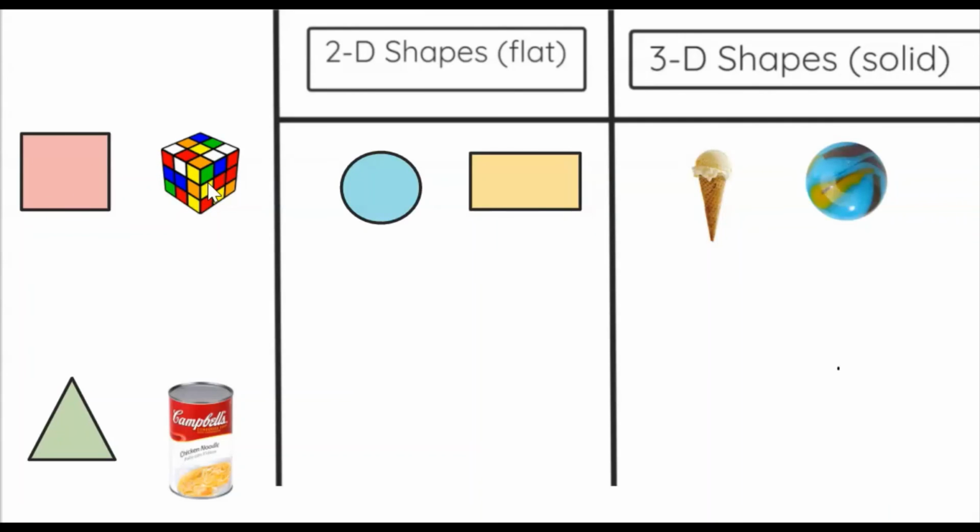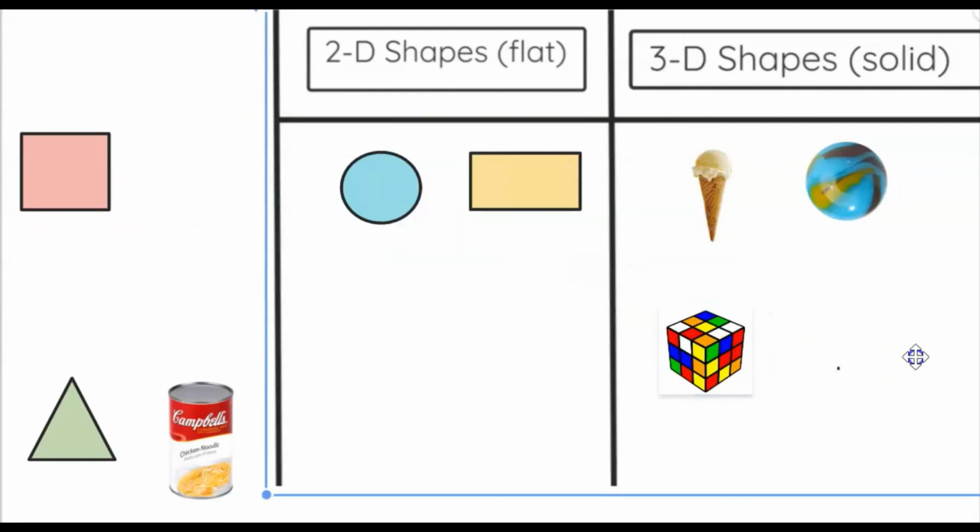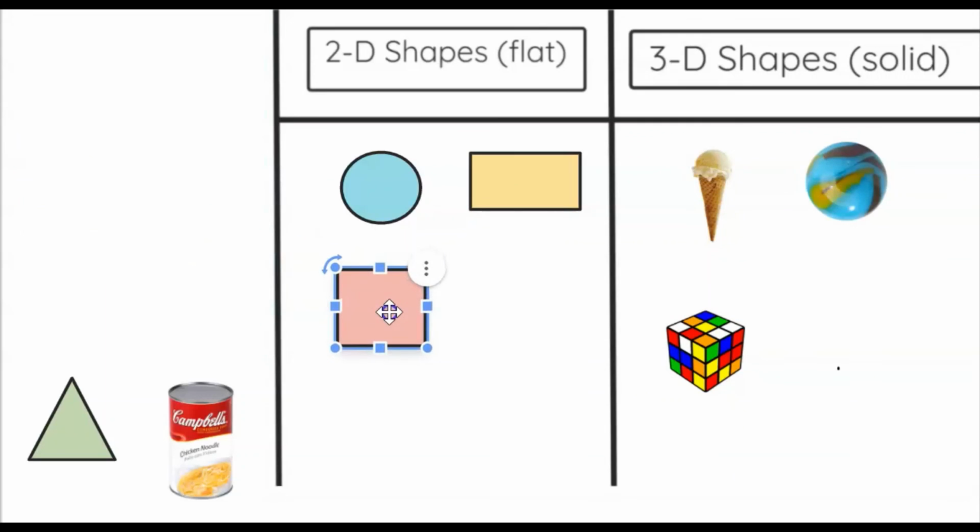However, it's not a square, it's a cube. A cube has 6 faces. That's the shape of a square. So a cube is a 3D shape. That means it takes 6 squares to make a cube. A square is a flat shape.